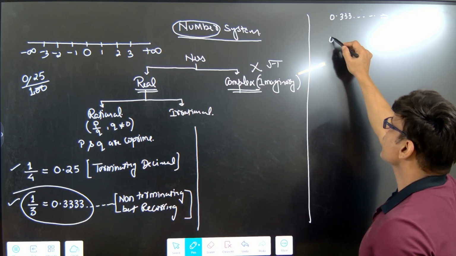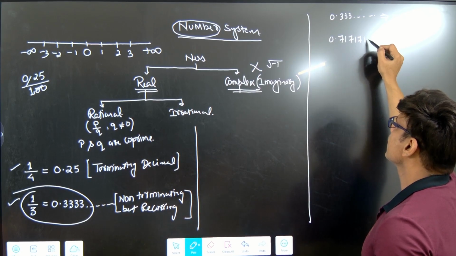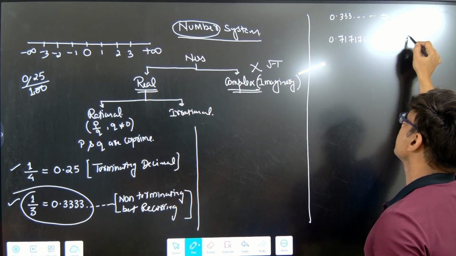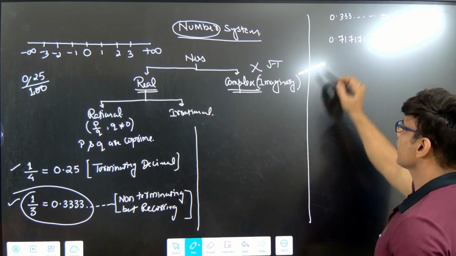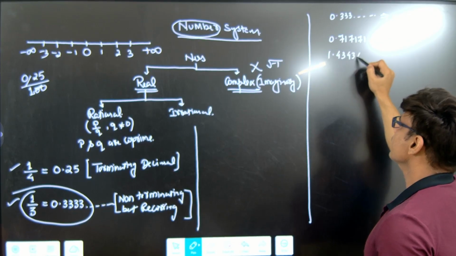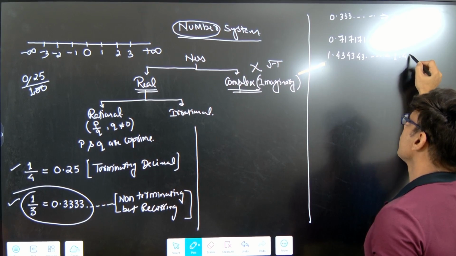Let's say we have another number, 0.717171. You can write this as 0.71 bar. We have, let's say, 1.434343. You can write this as 1.43 bar.